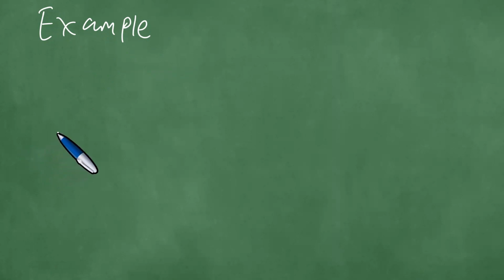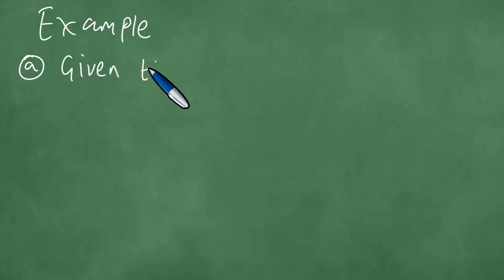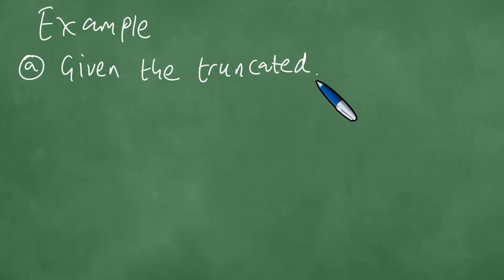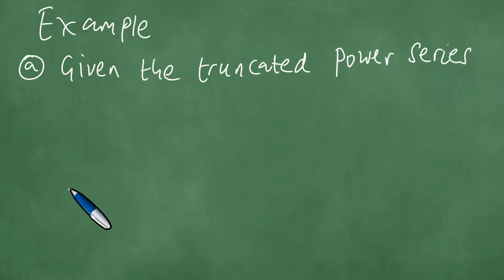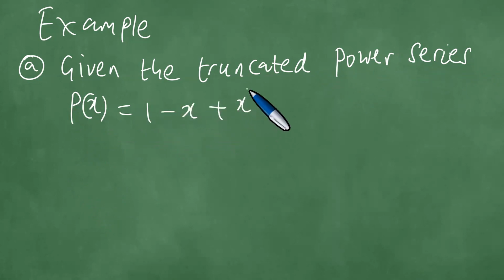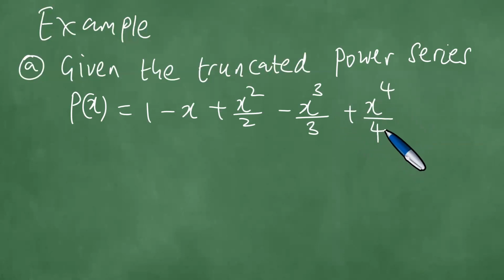Okay, so we are given the truncated power series: 1 minus x plus x squared out of 2, minus x cubed out of 3, plus x to the 4th power out of 4, minus x to the 5th power out of 5.